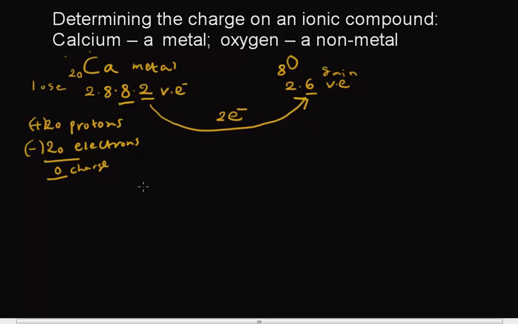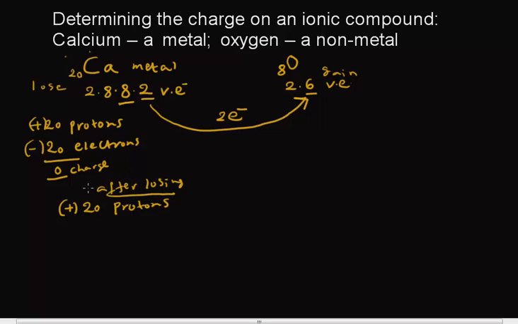And now let's see what the charge on calcium is after it loses 2 electrons. Let's say now calcium has 20 protons, the proton number doesn't change. So how many electrons are remaining after calcium loses 2 of its valence electrons to oxygen?